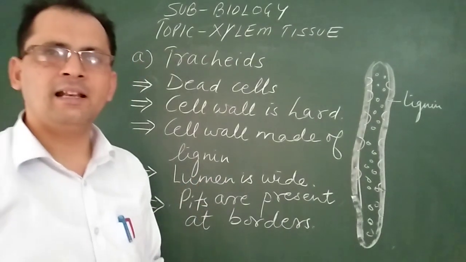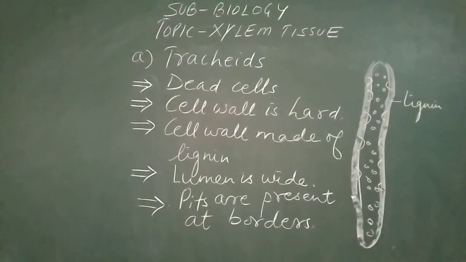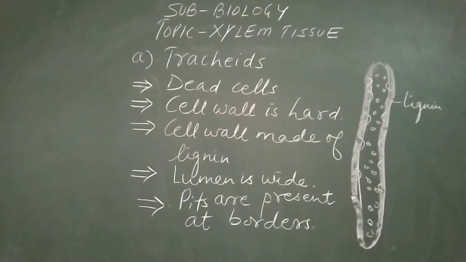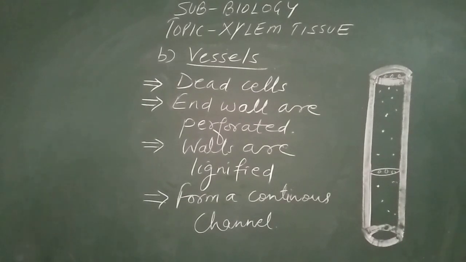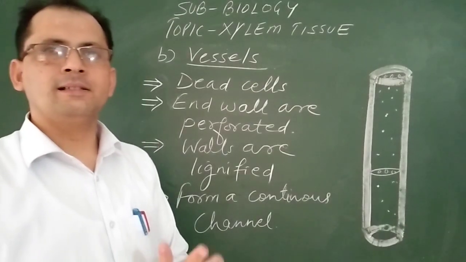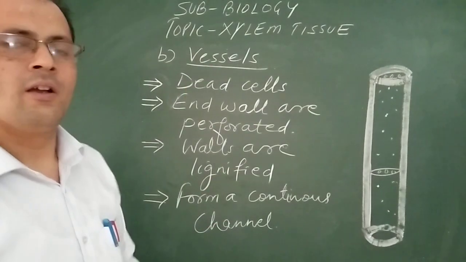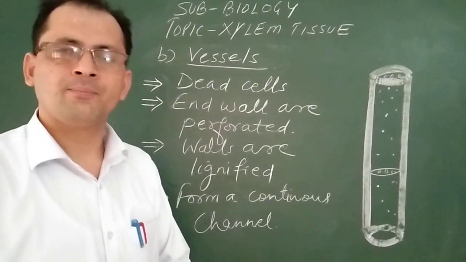Now the second cell is vessels or trachea. Now beta, you can see the second cell of this xylem tissue is vessels, which is also known as trachea.